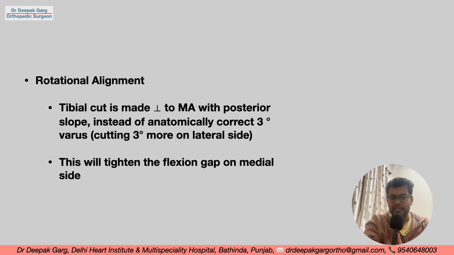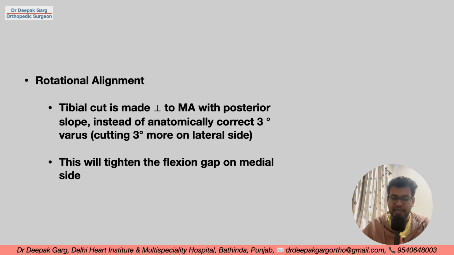So now let's look at the rotational alignment. What is the problem with the rotational alignment? When we are taking a tibial cut, we are cutting the tibia at a slope, but we are not cutting the tibia according to the normal anatomy of the tibia. We have cut 3 degrees more on the lateral side.